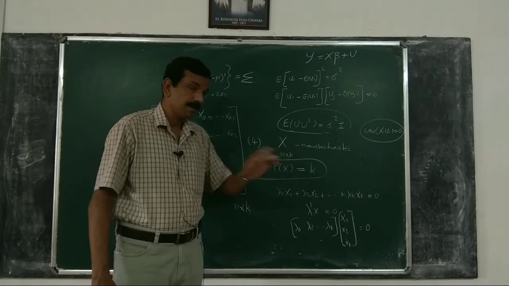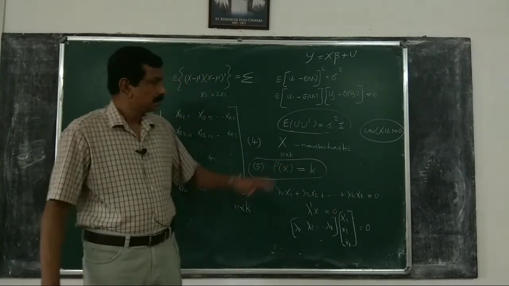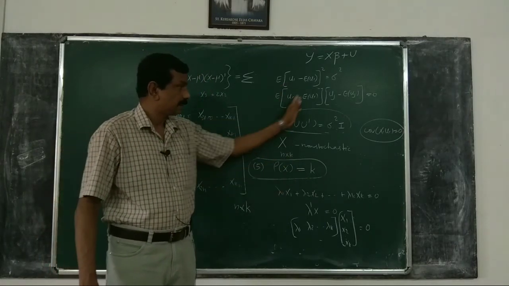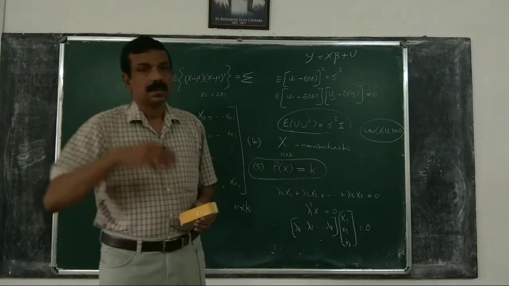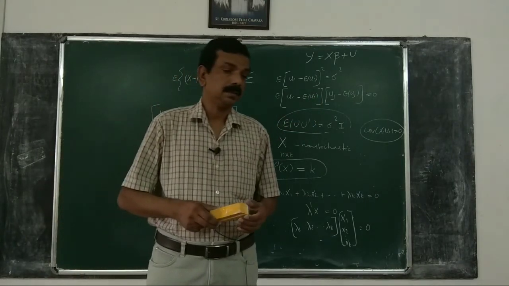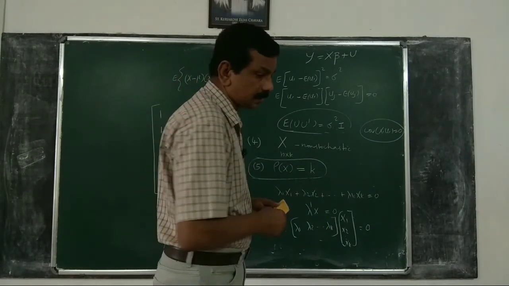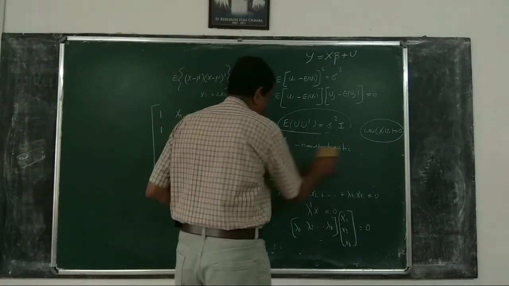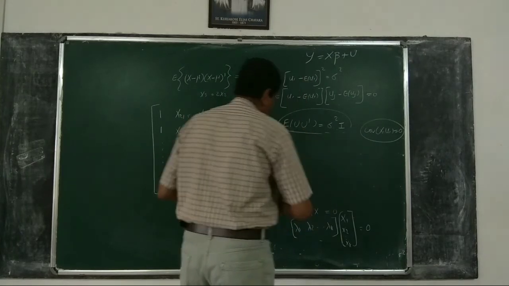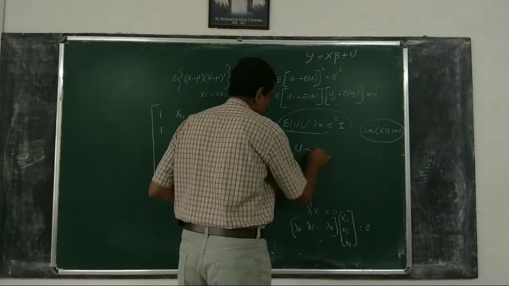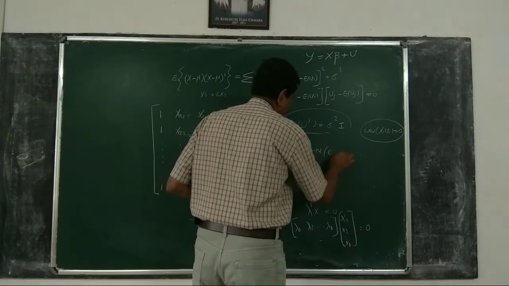Rank of x must be k, otherwise we cannot find the values of the estimators. That is the fifth assumption. Then the last assumption in matrix form is that U is normal with 0 and sigma square.